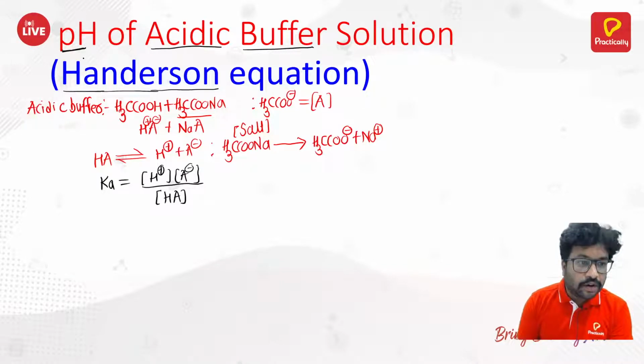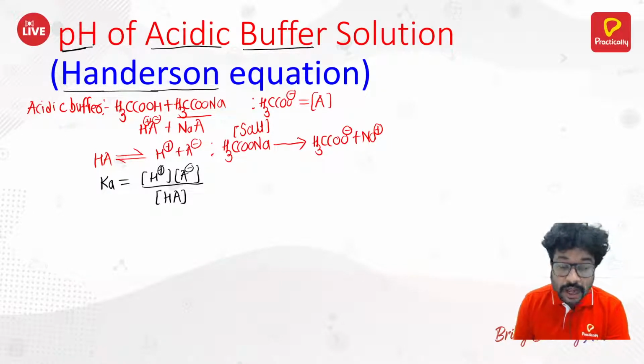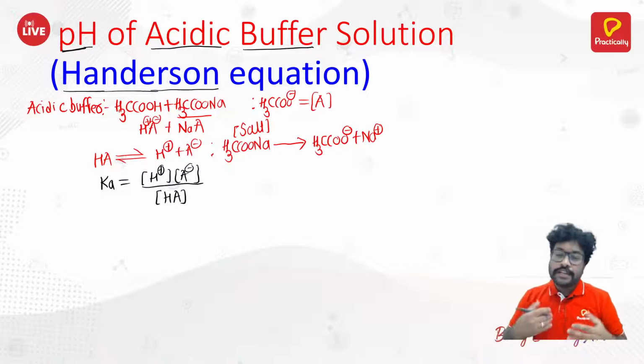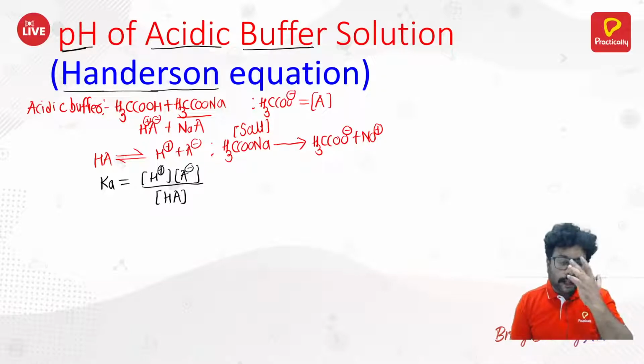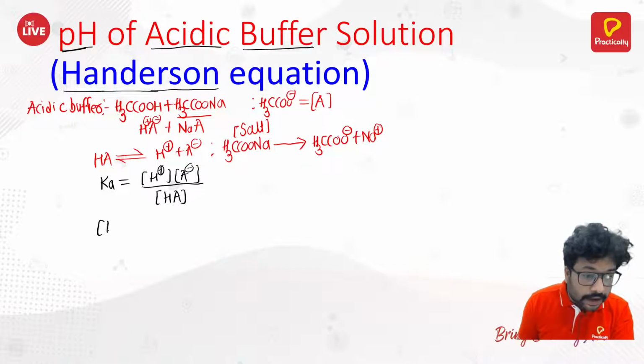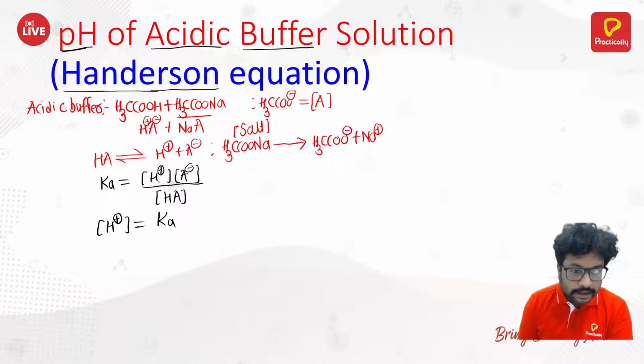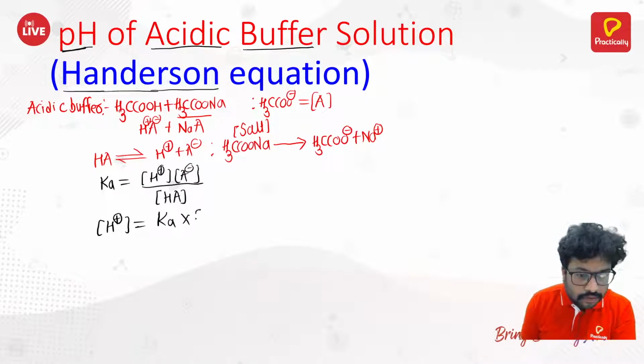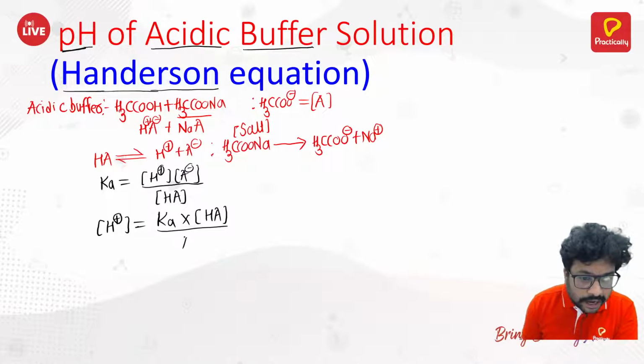Now we need to find out the pH. So to get the pH, what is the formula of pH? pH is equal to negative logarithm of H plus ion, right? That means we need to get this H plus ion outside of this. So H plus ion is equal to Ka into HA divided by A minus, right?